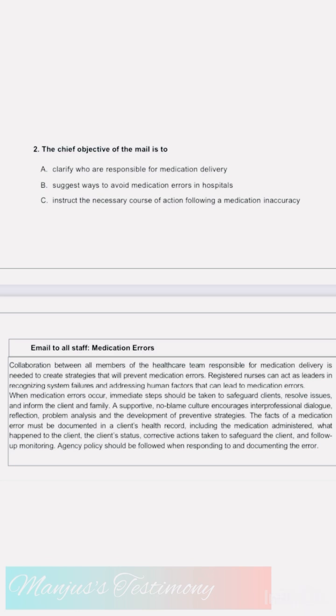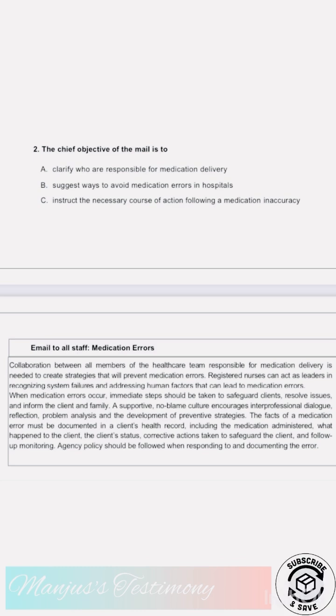Now we can move on to the next option, B: suggest ways to avoid medication errors in hospital. We read that nurses can act as leaders. Then when we move forward, we have seen that when a medication error occurs, immediate steps should be taken to safeguard the client, resolve issues, and inform the client and family.